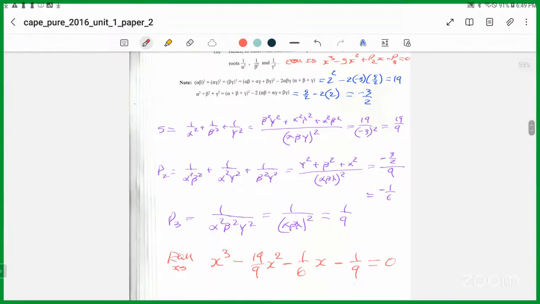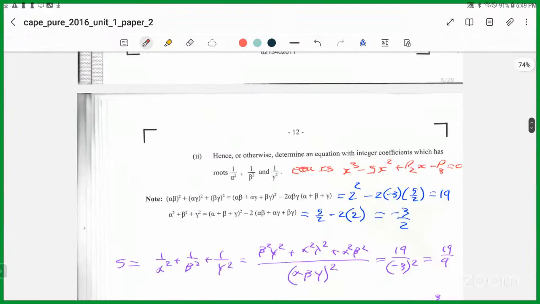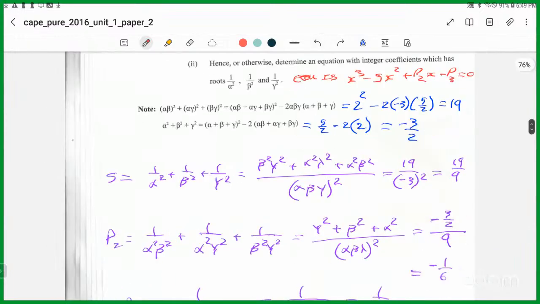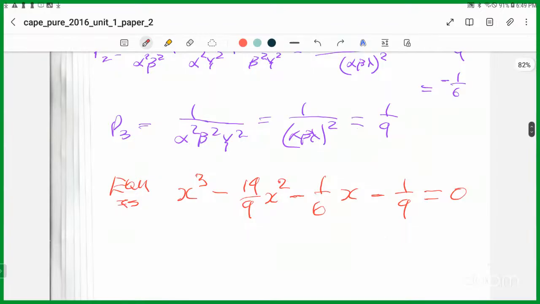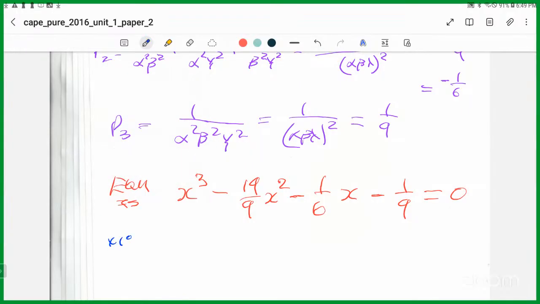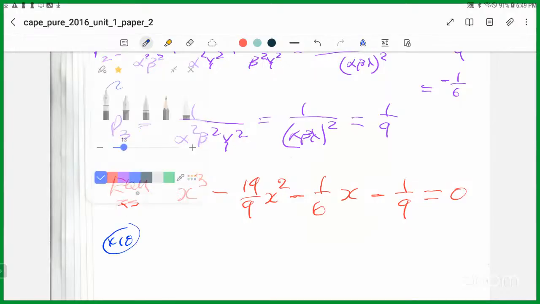And then they want integer coefficients, right? To get integer coefficients we multiply by a common multiple of 9 and 6. That looks like 18. So multiply through by 18.